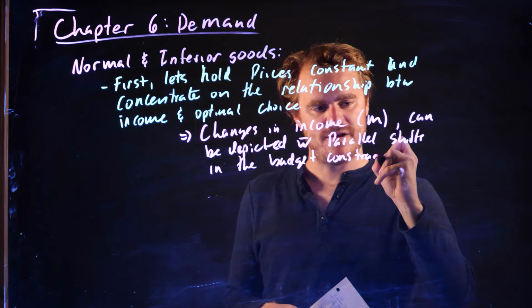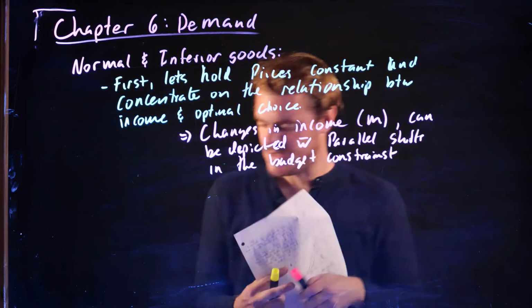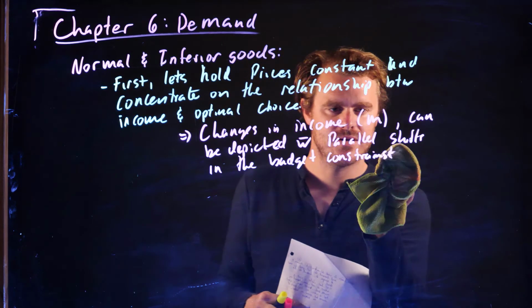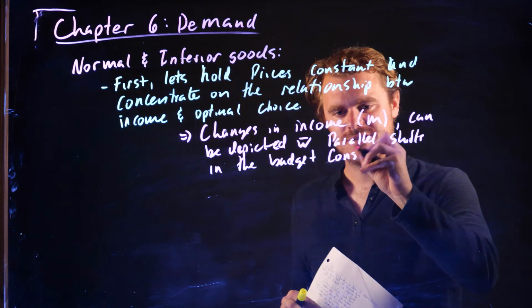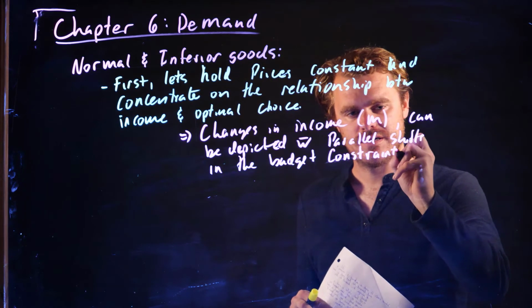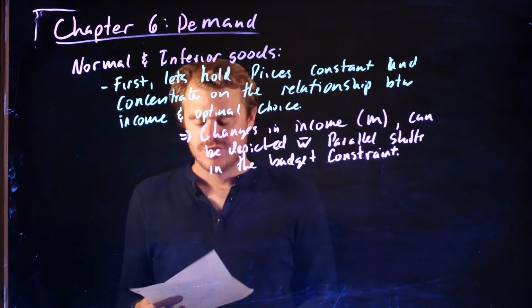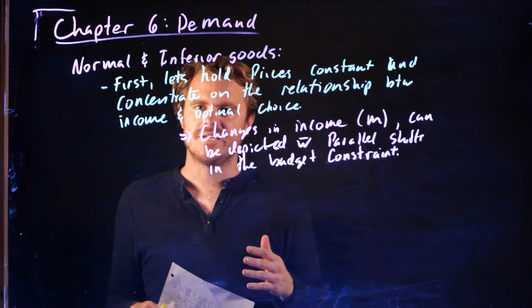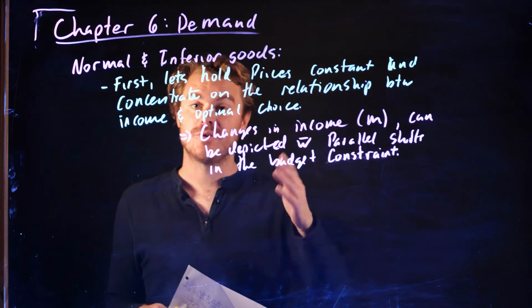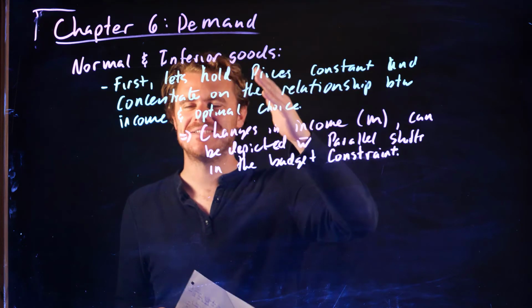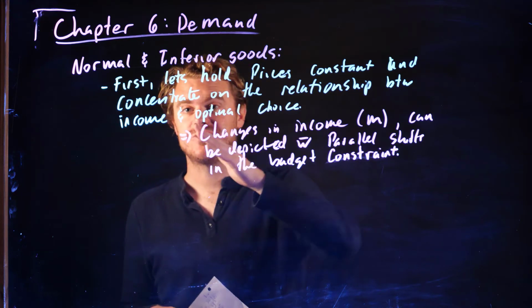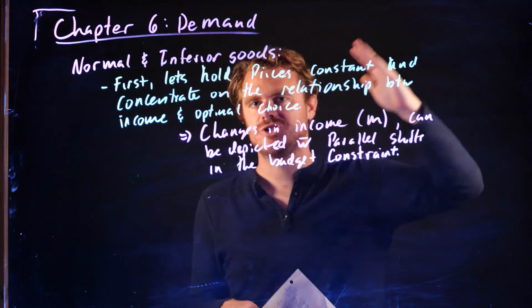If we had an increase in income, the whole budget constraint would shift in parallel away from the origin.